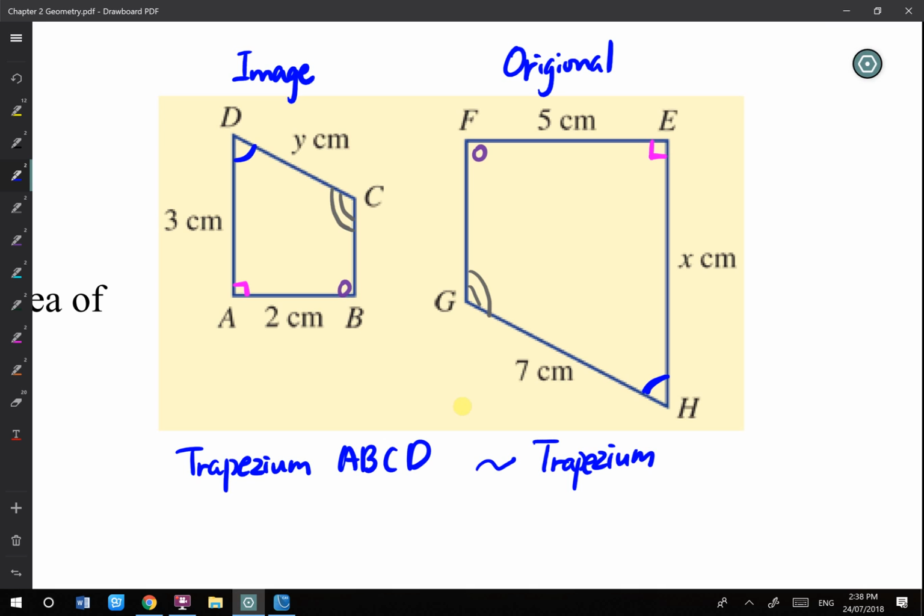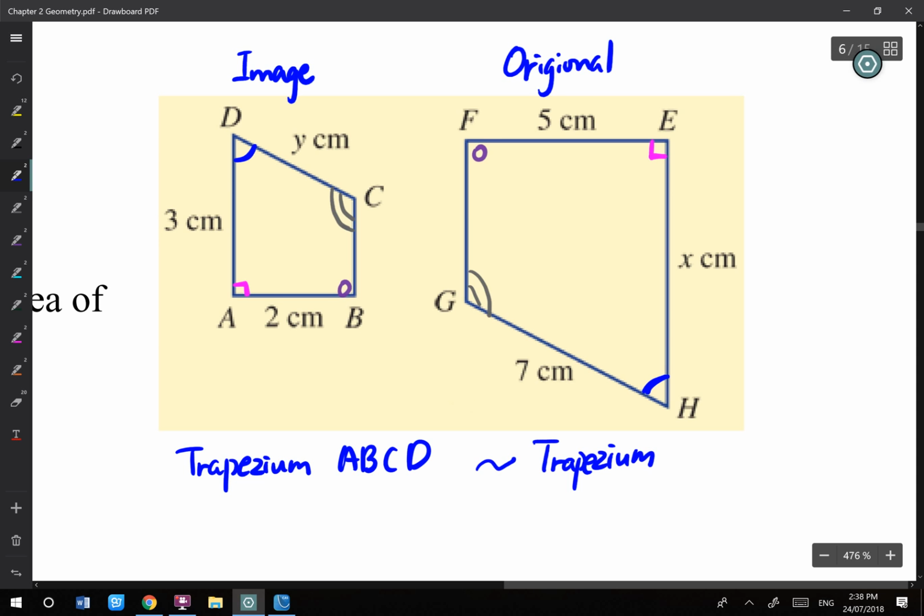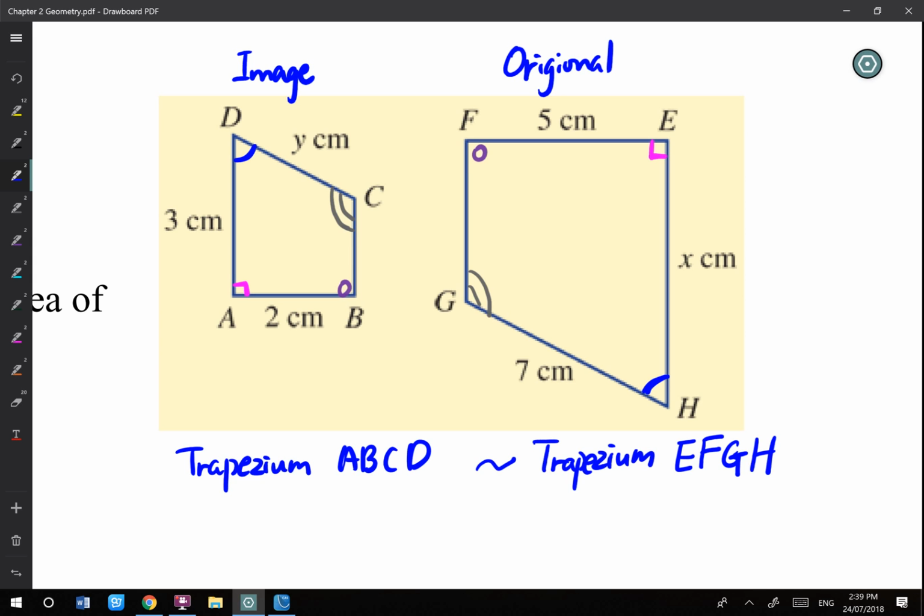A is the pink angle, so I will start from E. B is the purple circle, so I will use F. C is this green, so it's G. And D is this blue one, so it's H. So trapezium A, B, C, D is similar to E, F, G, H. That's how you write things in corresponding pairs.